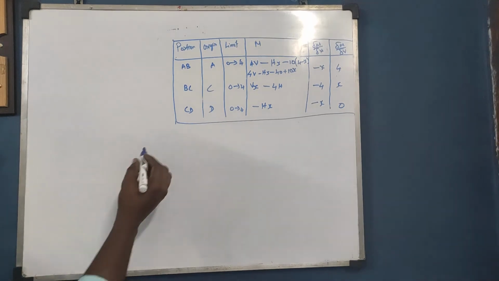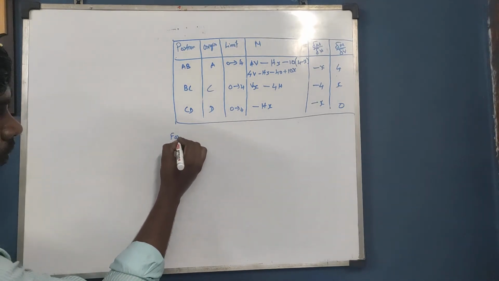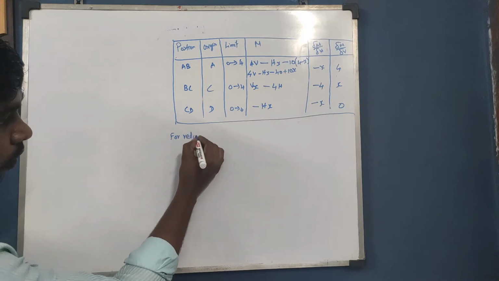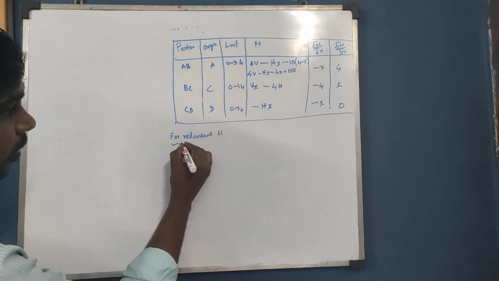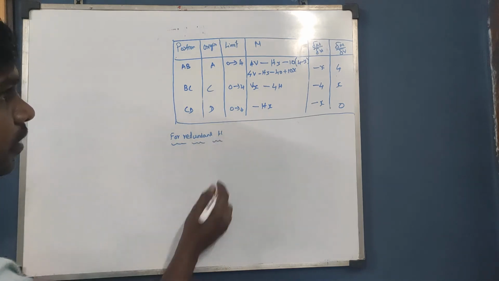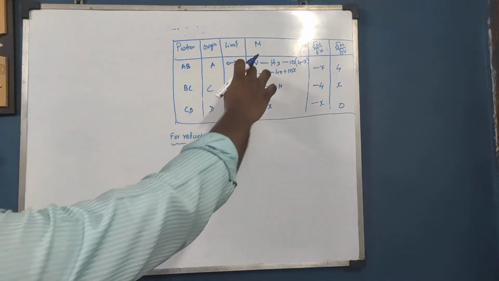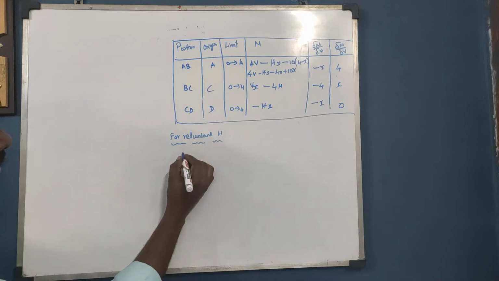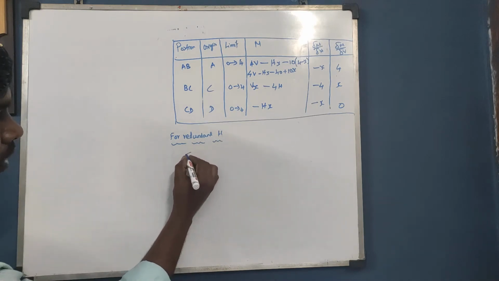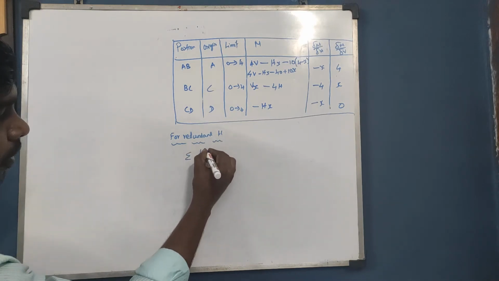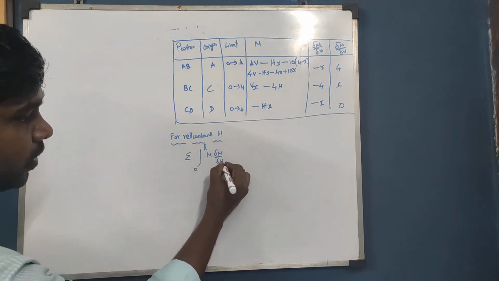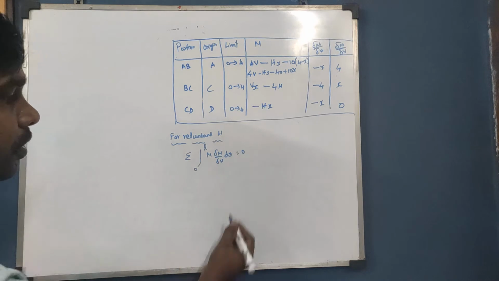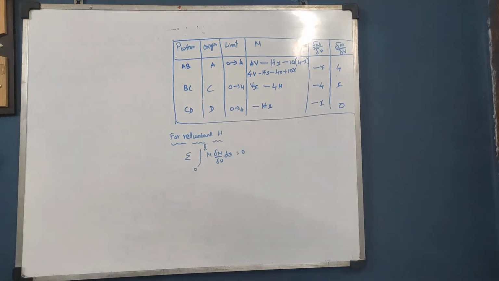Next, for redundant H, first we consider the moment with this formula: sum of integration of 0 to L, M into dou M by dou H, dx, equal to 0.